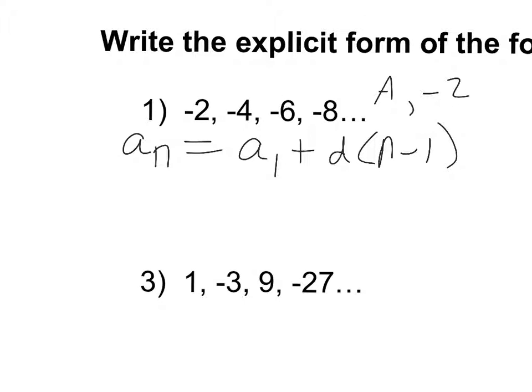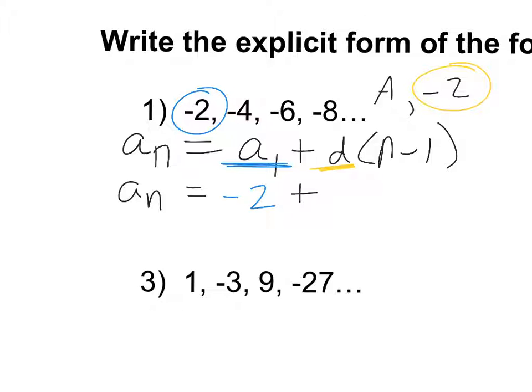So let's make sure. I'm going to fill in the blanks here. A sub n just stays the same as a sub n. What is a sub 1 in this case? -2, because that's the first term in my sequence. That plus is still just part of the formula. What is my common difference? Yeah, in this case, my a sub 1 and my common difference happen to be the same number, so don't let that confuse you.